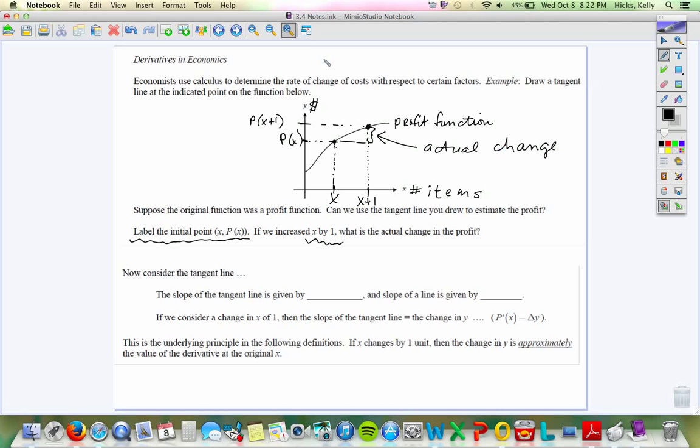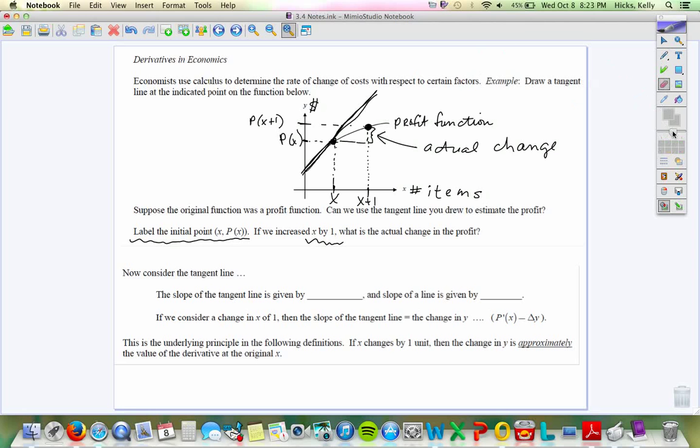But because it is difficult often to find points on curves, the question is, if we draw a tangent line right there, can we use that tangent line to predict an approximate change in the profit?